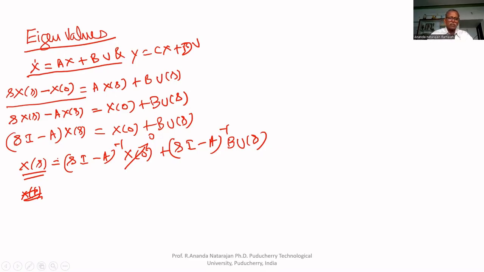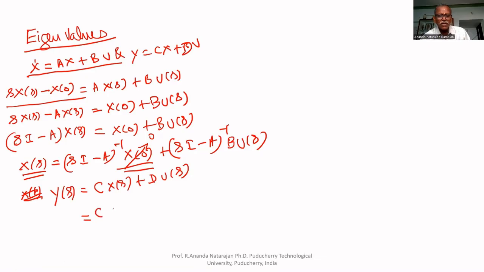If you substitute this in the Y equation, what will you get? Y of S equal to C X of S plus D U of S. You substitute this X of S, assuming x of 0 is a null matrix.